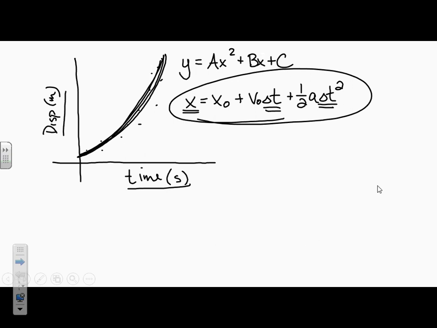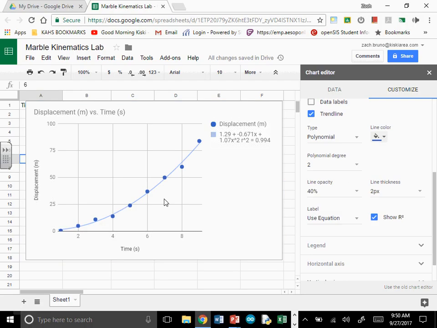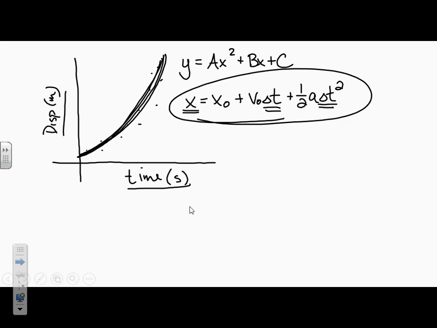All right, so the a term in our equation, if I go back to my graph, all right, so we see that I have 1.29 minus 0.671x plus 1.07x squared. I think this is right.